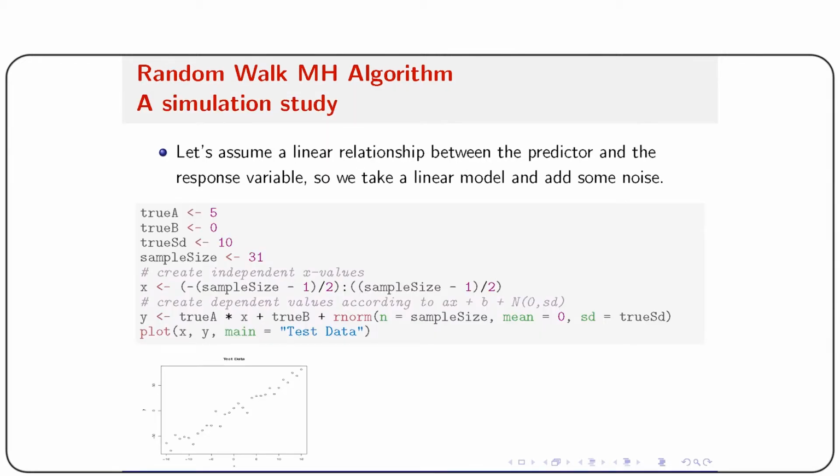Let's assume a linear relationship between the predictor and the response variable. So we take a linear model and add some noise. The true A equals 5, true B equals 0, true SD equals 10, sample size equals 31.